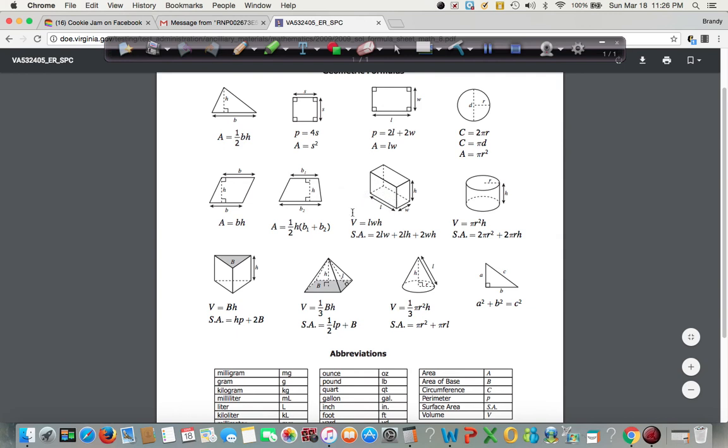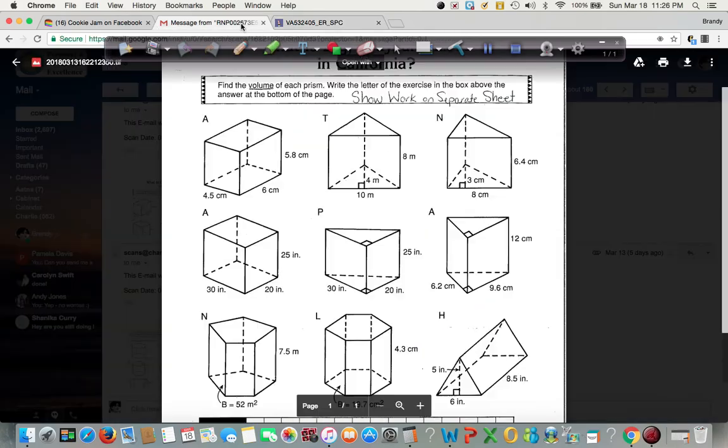The other key is we are looking for volume, so you want to find something that says V equals. You don't want area or perimeter, you want volume. In this case, volume equals length times width times height. Remember, when your letters are all squished together, that means multiplication. So all we have to do is multiply our three sides.